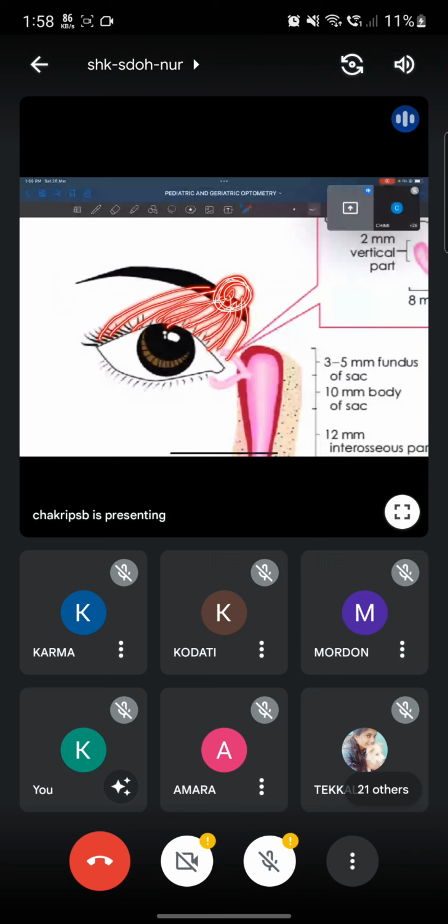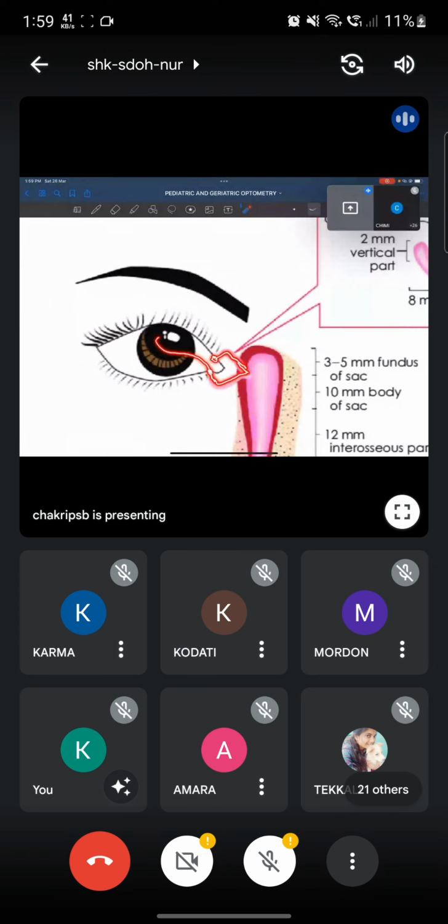These are the eyelid margins. When we blink, these lacrimal openings pour tears. The drainage of used tears occurs through the inferior puncta and superior puncta.